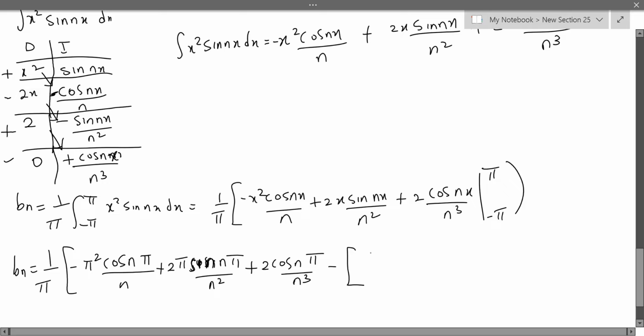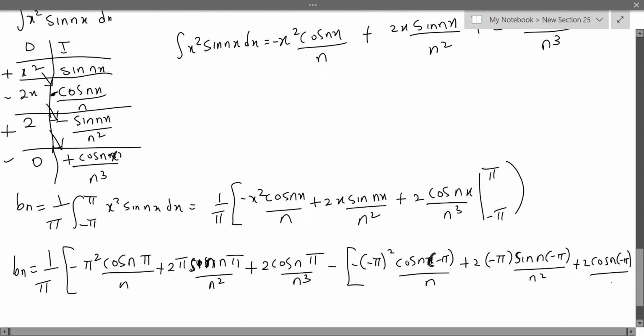You do the same thing, but this time around you put minus pi. So we have minus pi squared cos n minus pi over n plus 2 into minus pi sine n minus pi over n squared. The last one, 2 cos n minus pi over n cubed.